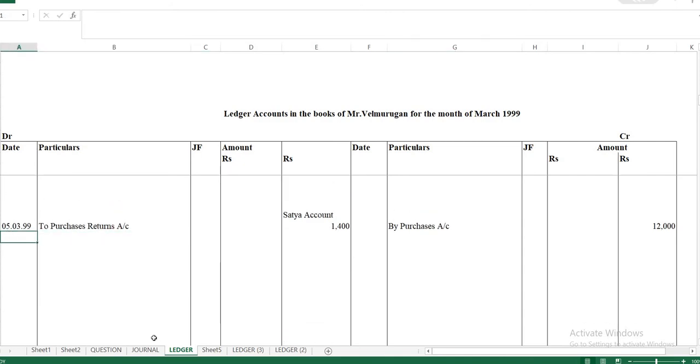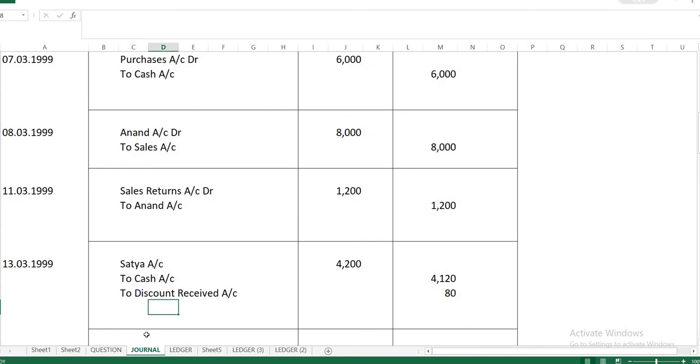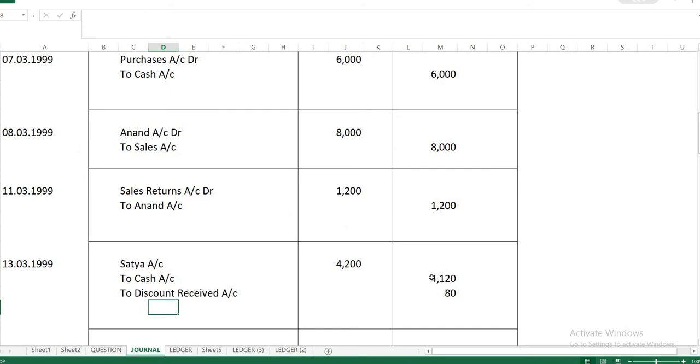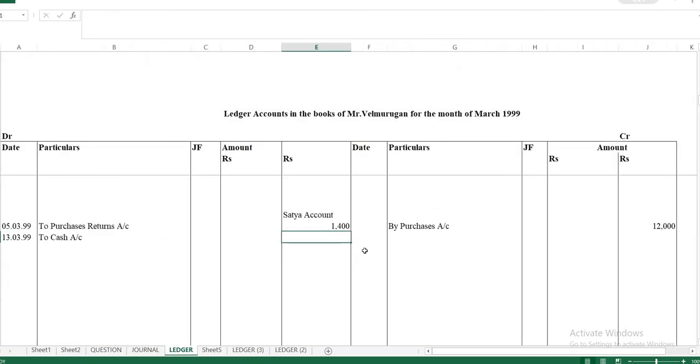The date on which it has occurred is 13th March, so you give it out to cash account. And that amount, how much cash? 4120. So be specific: in cash account you have to show only 4120. Only that 4120 should be shown.